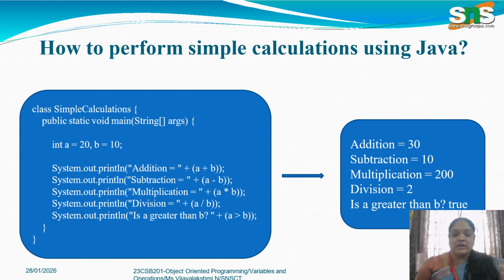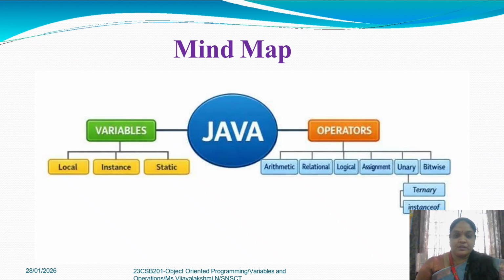The last one is the comparison operator, where we check whether a is greater than b. Yes, a value is 20 and b is 10. Obviously a is greater than b and the result will be true. True means 1, and if it is false it is 0.